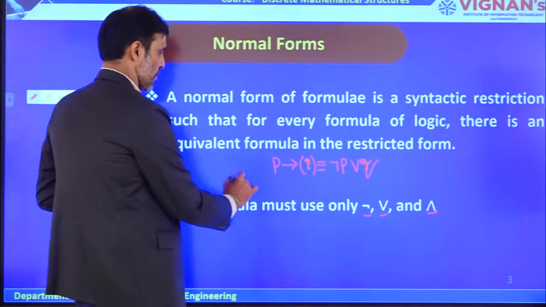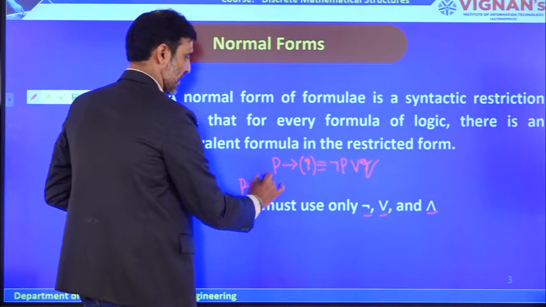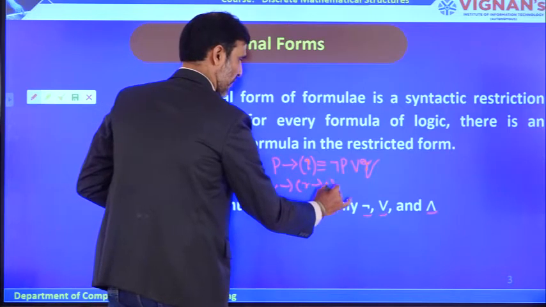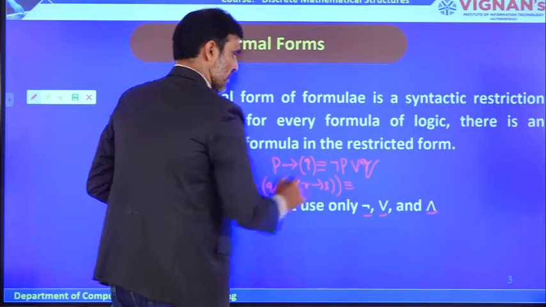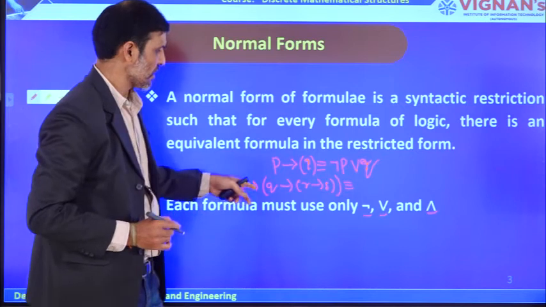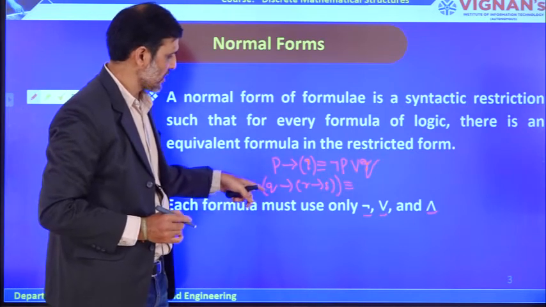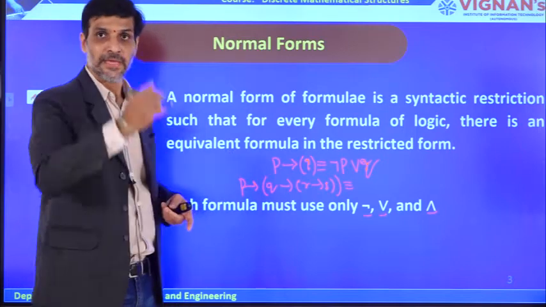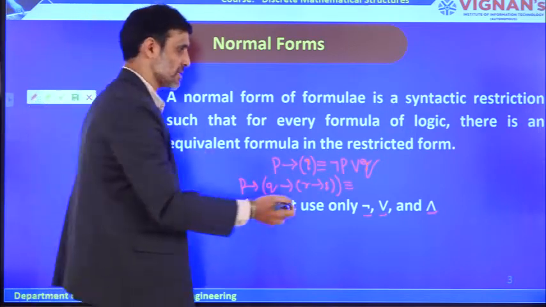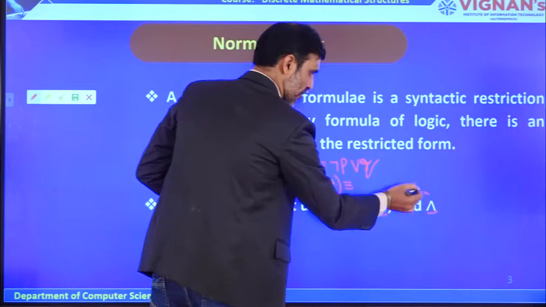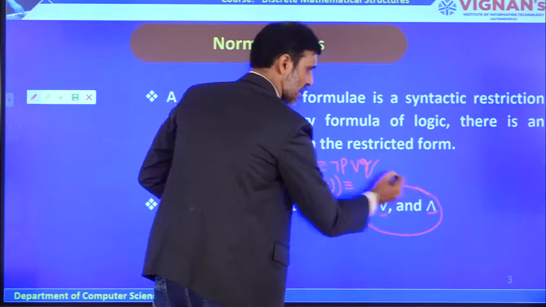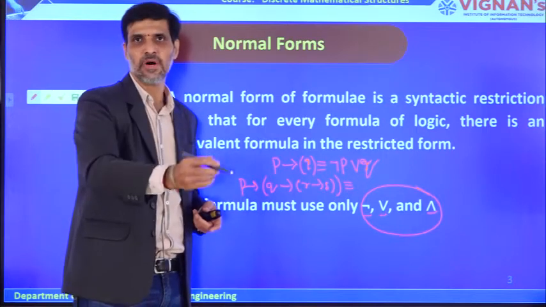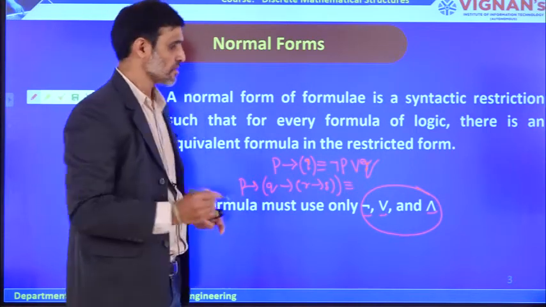But your sentences may be like P implies, Q implies, suppose R implies S. Instead of writing like this, we convert them into a simpler form. That simpler form consists of these three logical connectives: negation, disjunction, and conjunction.